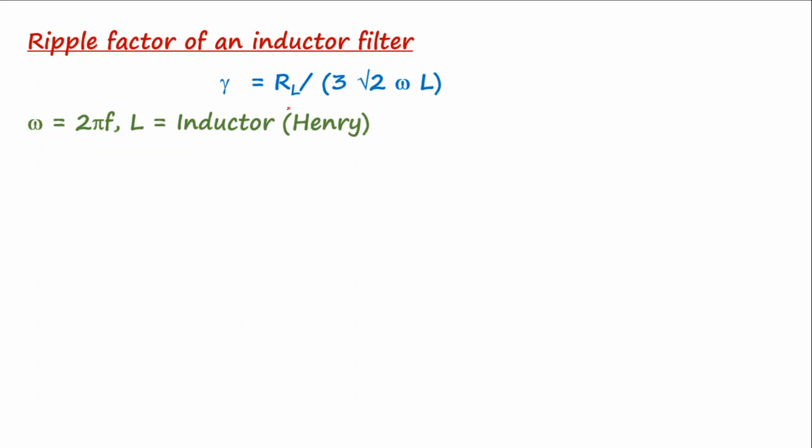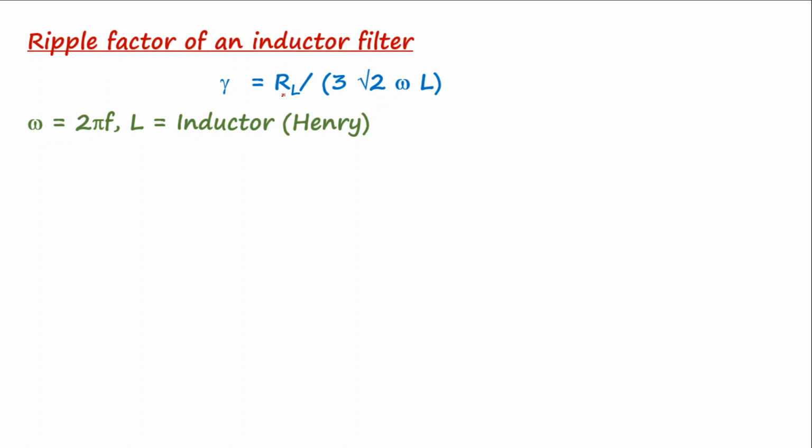Now, you know that a perfect filter is something which has very little ripples, right? That is, the AC component will be very much lower when the ripple factor is low. For the ripple factor to be low, what is the condition you can identify? Yes, the load resistance should be low.